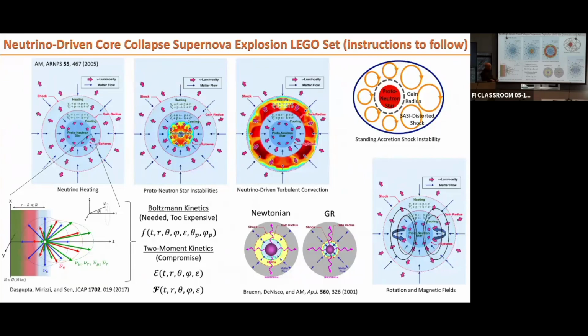Now, one of the things that's hard to picture, and I don't really have it pictured here because this is from a 2D simulation, in which case the turbulent cascade goes to large scales and not to small scales. But when this convection becomes 3-dimensional, it becomes turbulent. You have shear in the flows, and it becomes turbulent convection.